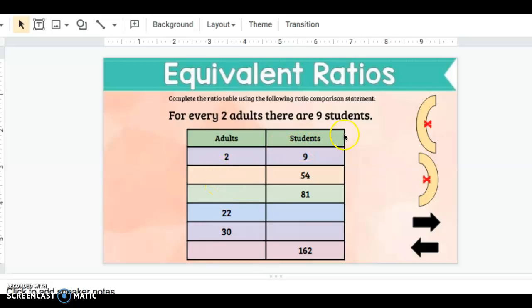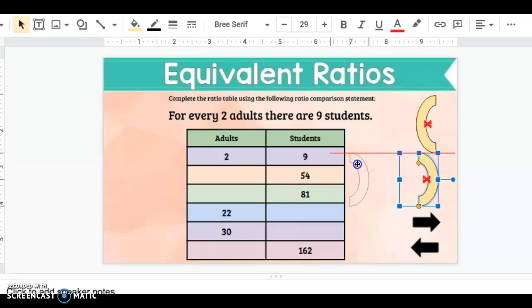So we've been using our little rainbows or french fries or noodles or whatever you want to call them. And we've been using them to find our pattern. So if I were to drag my noodle and place it on the 9 and move it so it was up, let's move it this way.